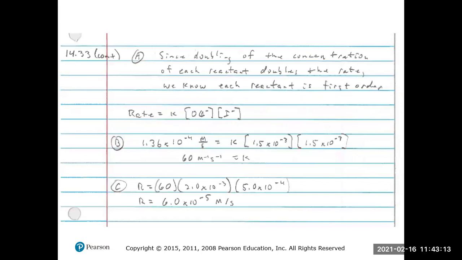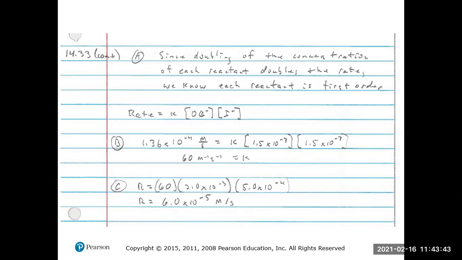So what this tells me is that since doubling the concentration of each reactant doubled the rate, we know that each reactant is first order, and we can write this rate equation below. So we say rate equals the rate constant times the OCl minus concentration to the first, which is first order, and the I minus is first order.